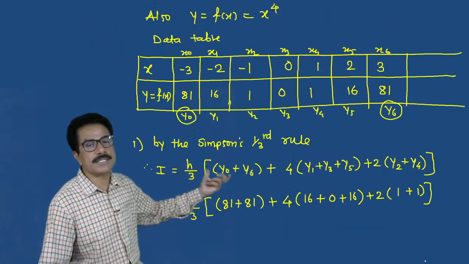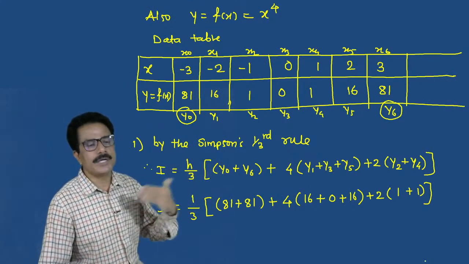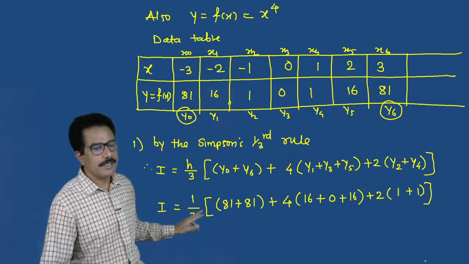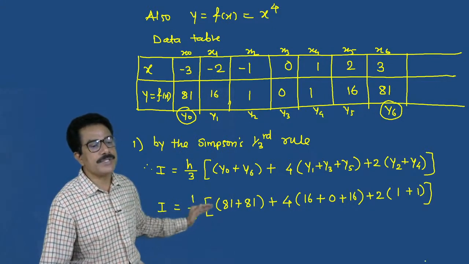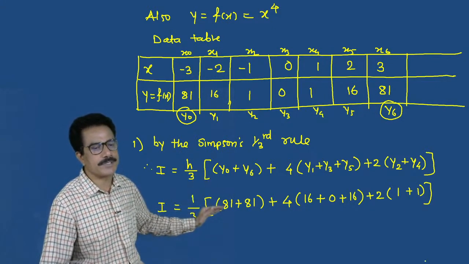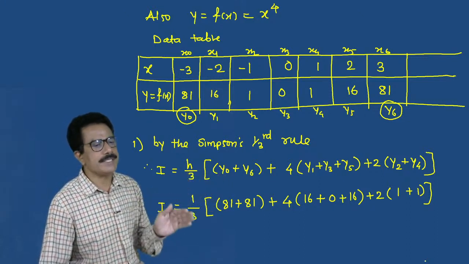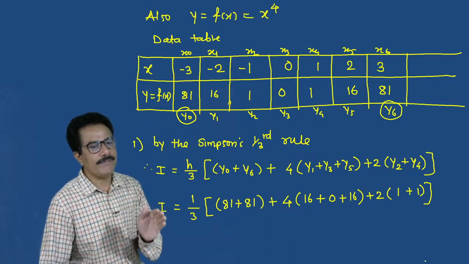h/3, first and last term, which is y0 plus y6, 4 times of odd term plus 2 times of even term. So we can write 1/3, y0 means 81, y6 means 81, plus 4 times of y1 means 16, y3 means 0, y5 means 16.